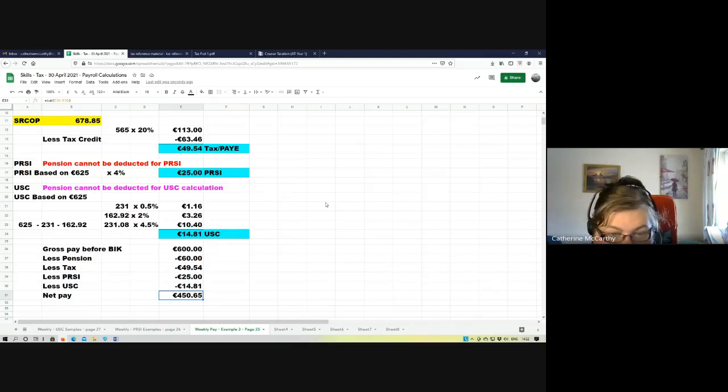So when you're working it out, it's your gross pay before the BIK, less the pension, less your tax, less your PRSI, and less your USC. And that's that person done with all their deductions. Is that okay? Do we have any queries, or are we okay?